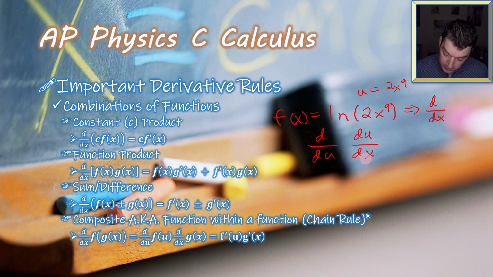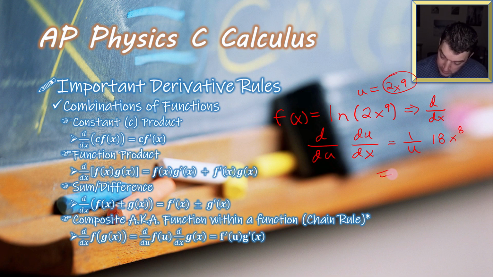When we're doing that, we're going to take the original function, which is natural log of u. The derivative of natural log of u is not too hard, because it ends up equaling 1/u. And then we're going to find the derivative of u in terms of x, and this is 2x to the 9th, that's a constant, times a power. So that's going to be 2 times 9, which is 18x to the 8th. u is equal to 2x to the 9th.